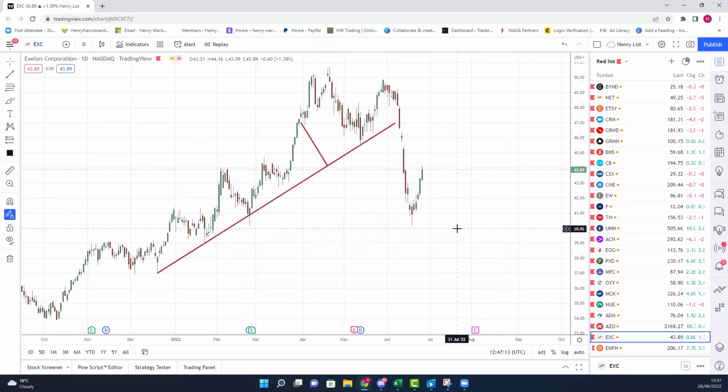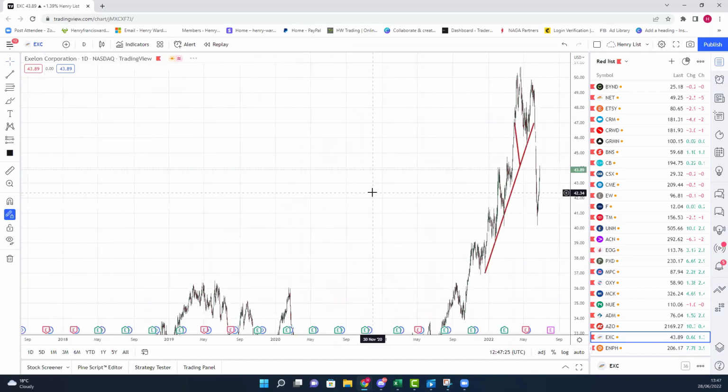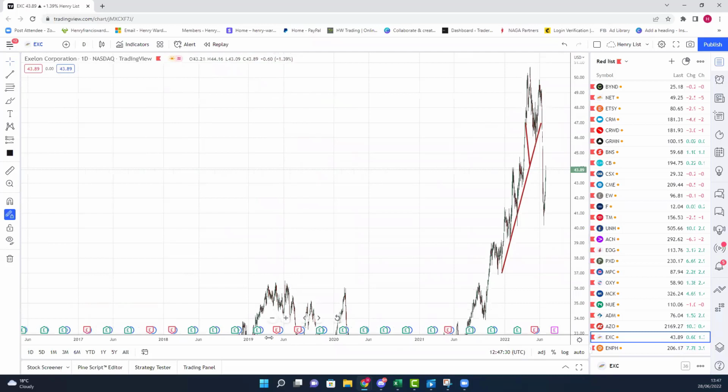Now this has had a pretty big drop. We were looking for it to come back to here, and it bounced up quite nicely, and then all of a sudden it dropped like a stone. Now, if we look at just the earnings, the company's actually not too bad.